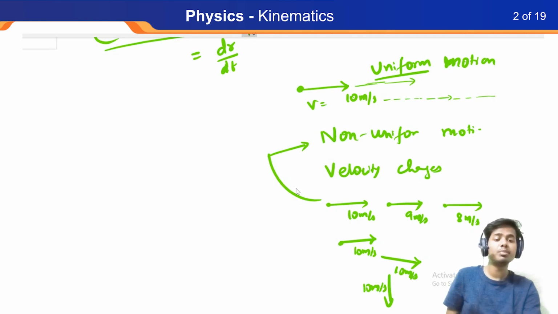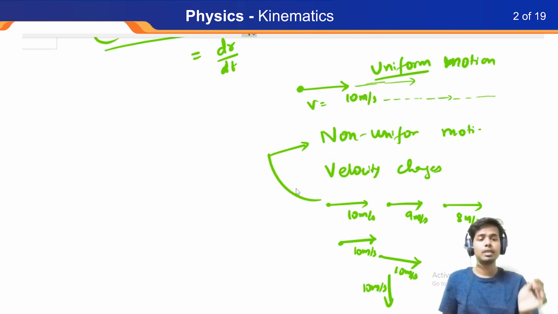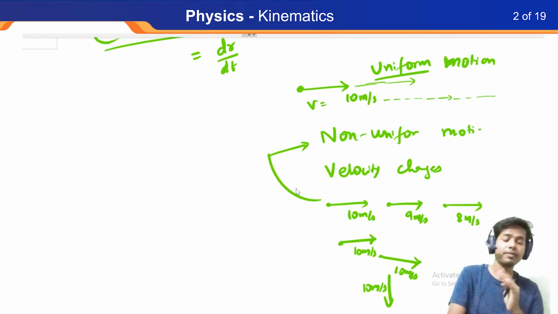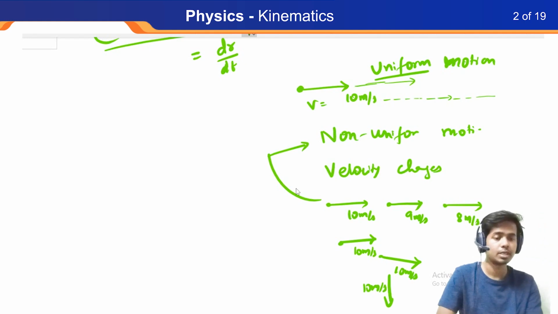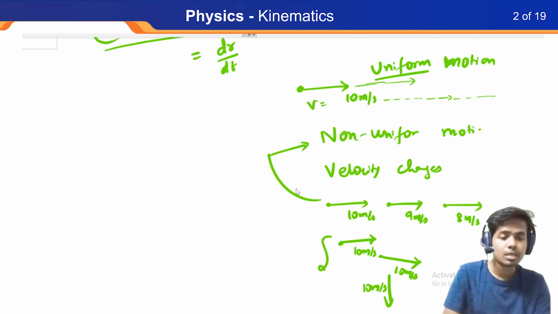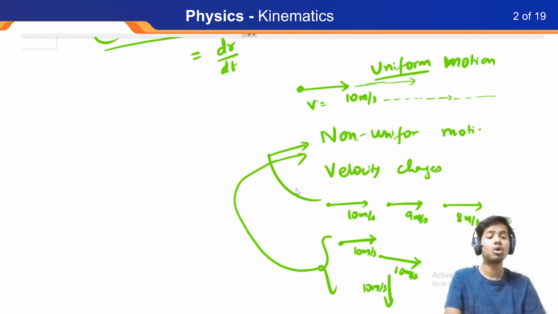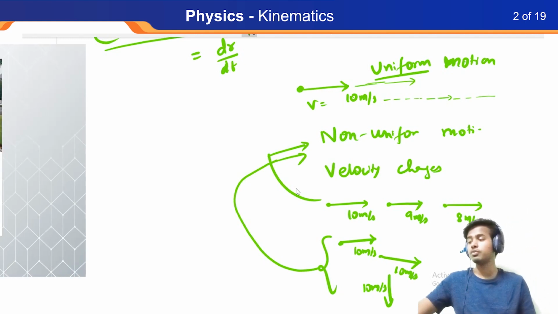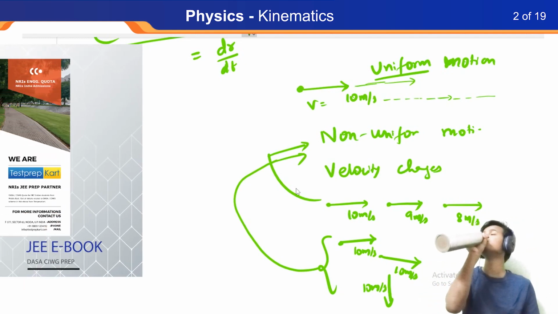Of course, the magnitude remains the same, but even if the direction is changing, the velocity itself will change, because velocity is a vector quantity. It is defined both in terms of magnitude and direction, because it is a vector quantity. This is also an example of non-uniform motion. It is not a uniform motion, but a non-uniform one.